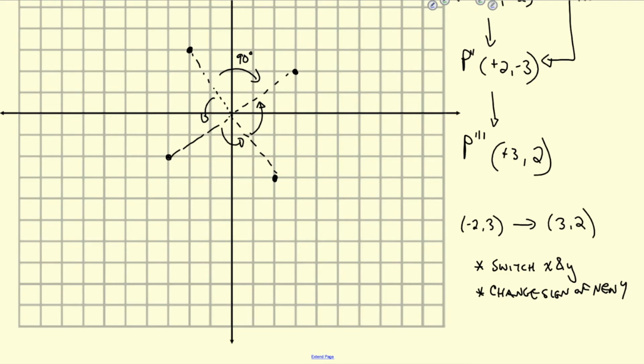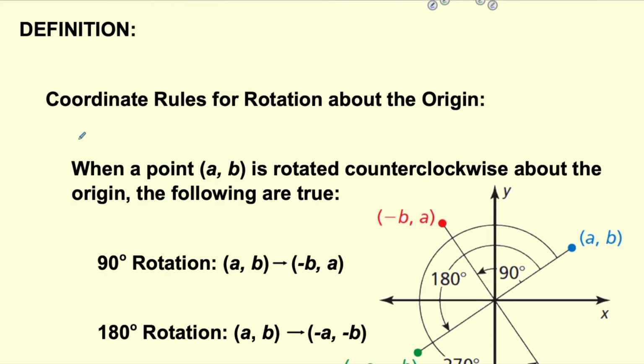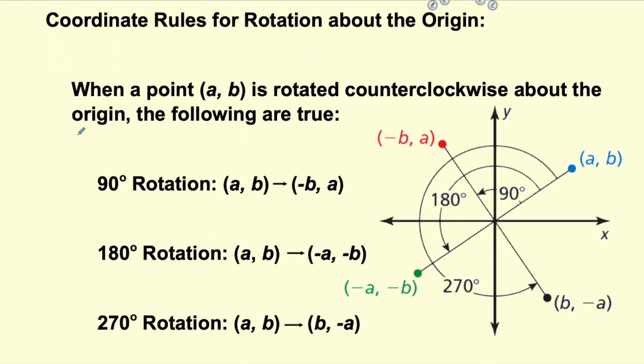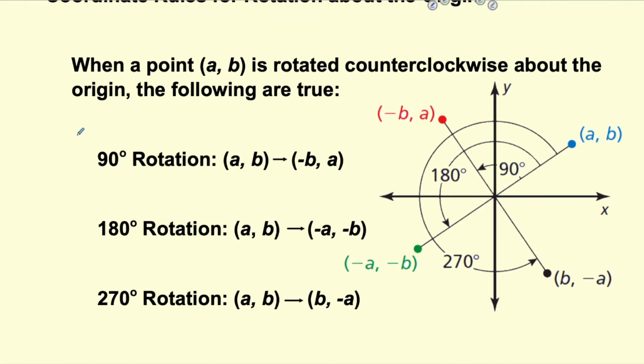So that leads us into these coordinate rules here for a reflection, or for a rotation. When you have a point AB rotated counterclockwise about the origin, what ends up happening is a 90-degree rotation switches your x and the y, and it changes the sign of your new x.